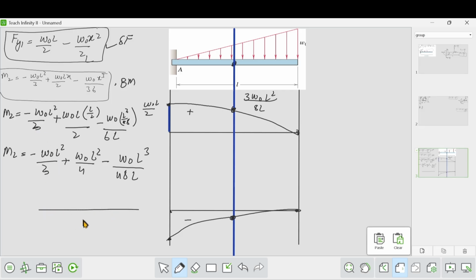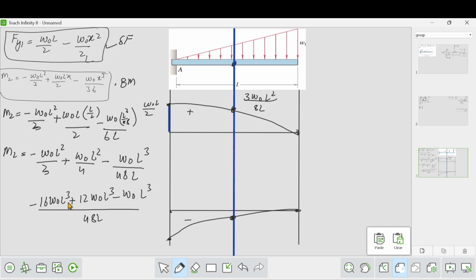If I take the LCM 48L, it will become negative 24 omega naught L cube positive 12 omega naught L cube negative omega naught L cube.